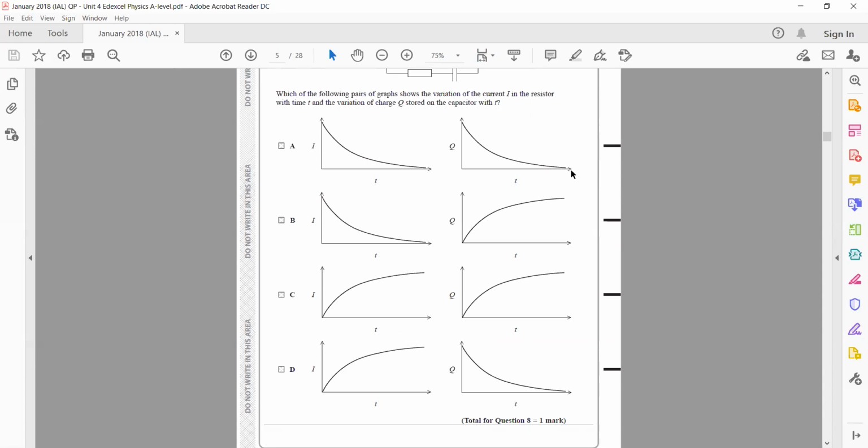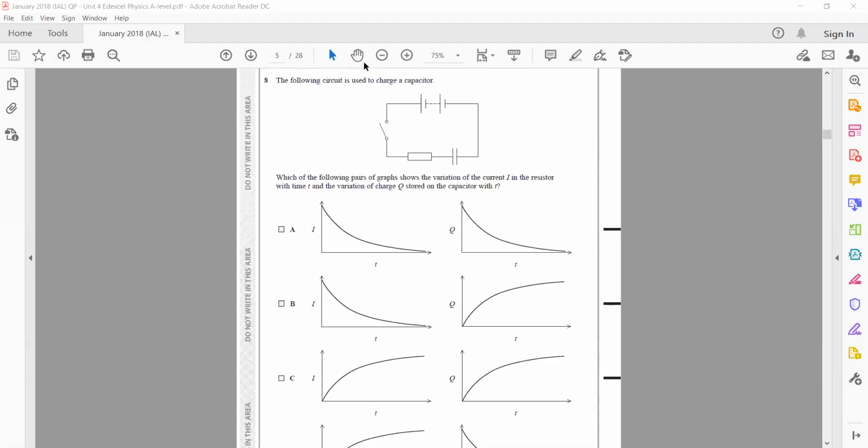Which pair represents it? B is the right answer, because when the charges are passing through the capacitor, as the capacitor starts to charge, it blocks the charges from flowing. So the current is always reduced. The capacitor is storing the charge, so charge starts to increase, but the current starts to decrease.